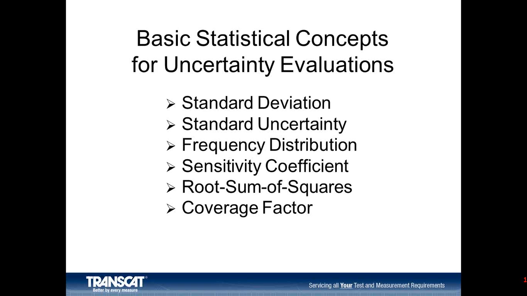So if we measure some parameter, perhaps the length of a table, if we measure that length 10 times and get 10 similar but different values, we can assess the difference between each of those values and the average and compute standard deviation, and that gives us a statistical index of the range of values that we might attribute to that type of measurement. It is an uncertainty component for that particular measurement.